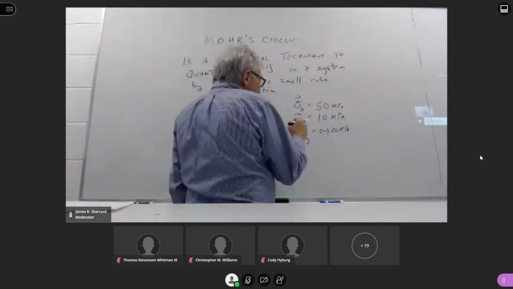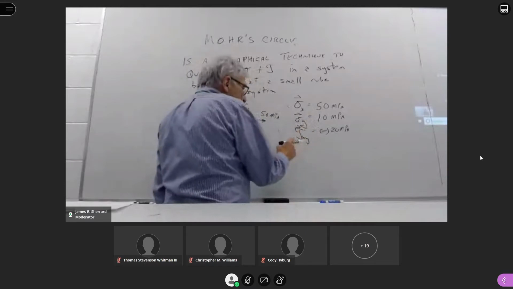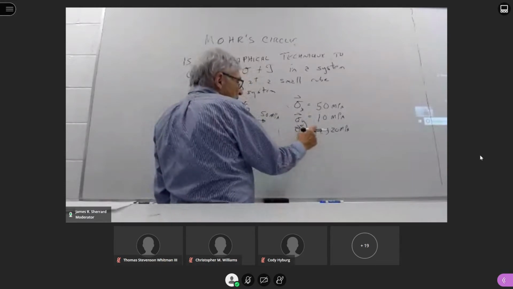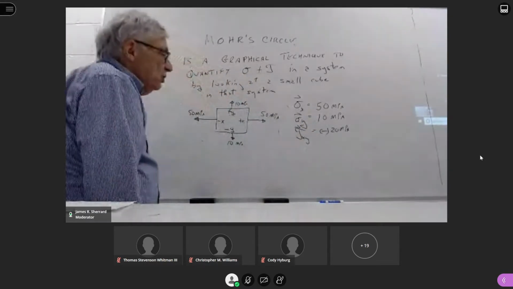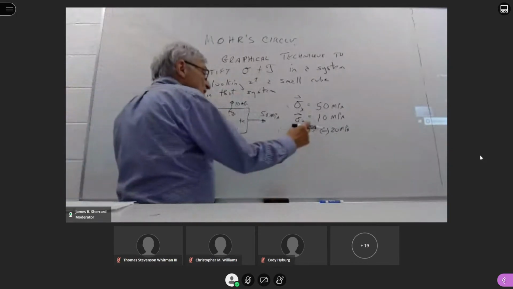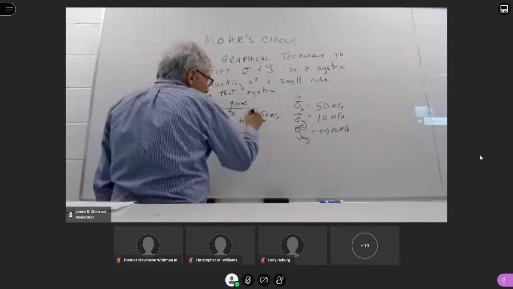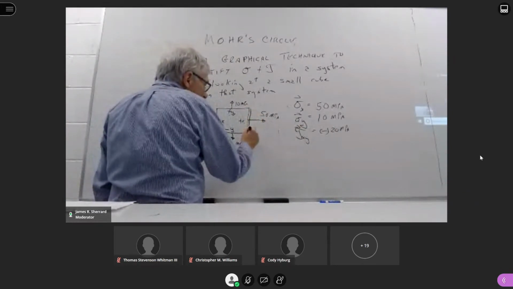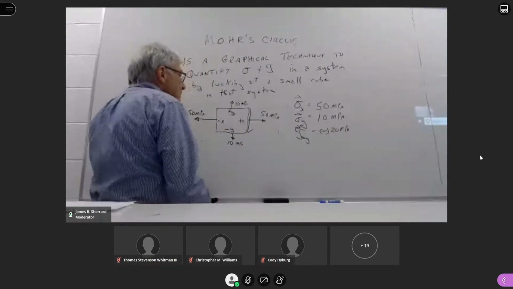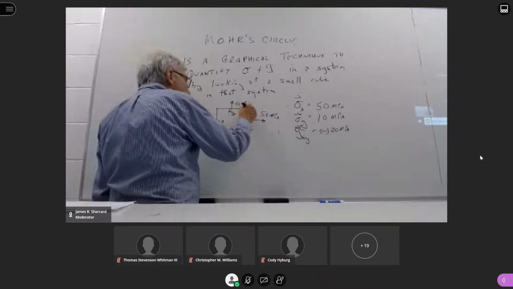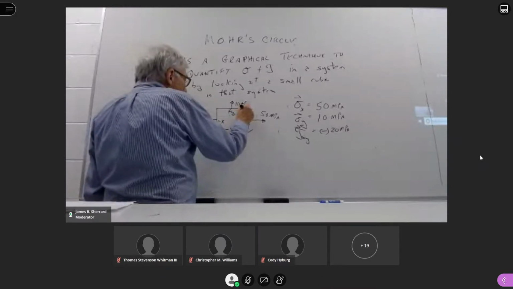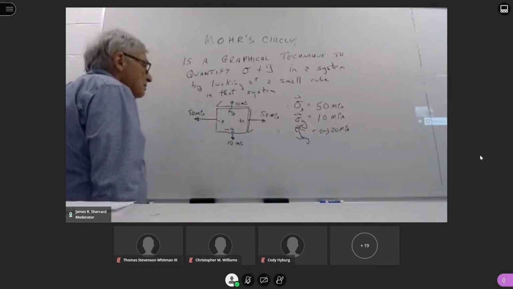If I look at this, this is the shear stress acting on the plus x face due to a shearing force in the y direction. This is minus 20 megapascals. So because of the minus, I know it has to be going down like this. For equilibrium, I know that this one has to be going like this.